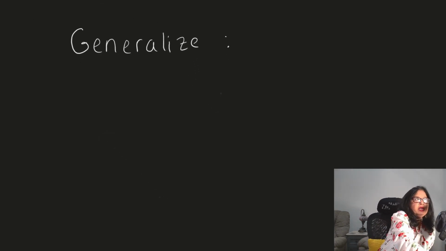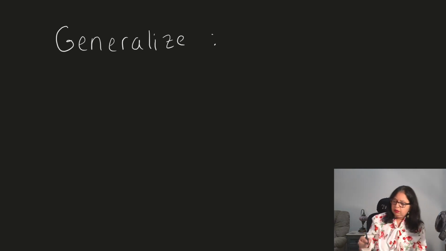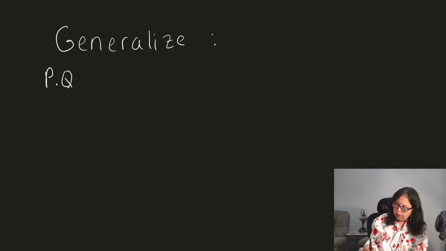Now let's generalize what we just learned. The generalization would be, let's say you have any given physical quantity, a general made up quantity. What do you want to call it?